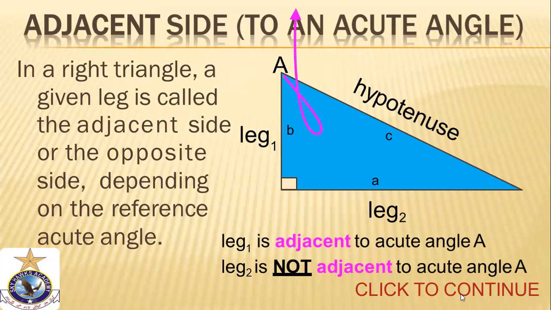In a right triangle, a given leg is called the adjacent side or the opposite side, depending on the reference acute angle. Leg 1 is adjacent to acute angle A, and leg 2 is not adjacent to acute angle A. Good.